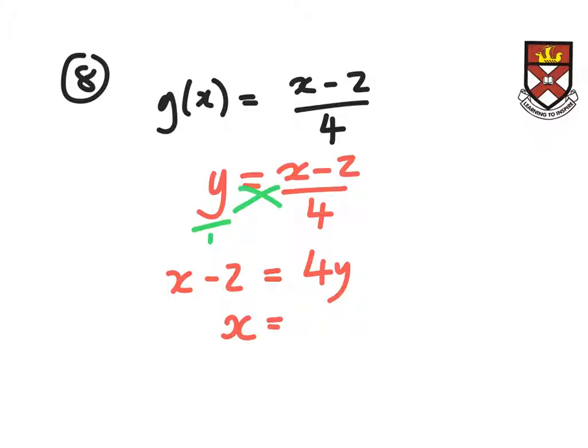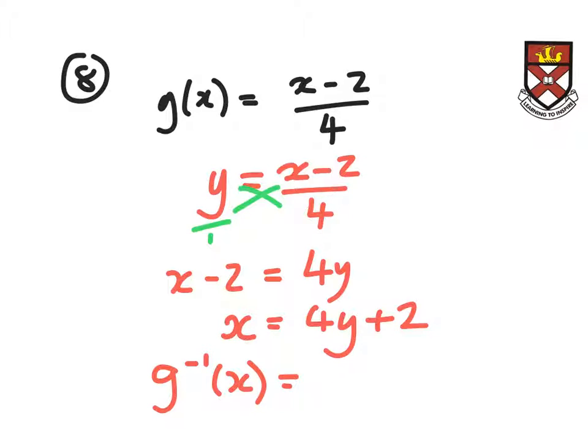Take the -2 over, and that gives us 4y add 2. Remember, an inverse function needs to be written as x's. So g with a little -1, meaning the inverse, and then just rewrite that y as an x.